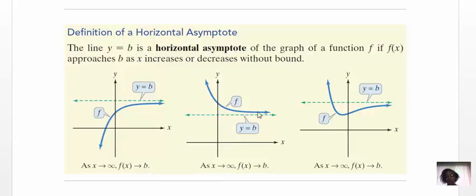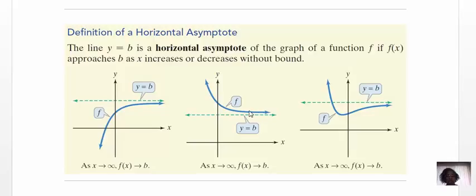And for a horizontal asymptote, this is not true for a vertical asymptote. For a horizontal asymptote, the function can actually touch the horizontal asymptote at some point. Now notice in the first two graphs, the function does not touch the horizontal asymptote.